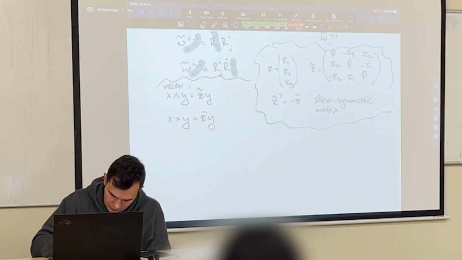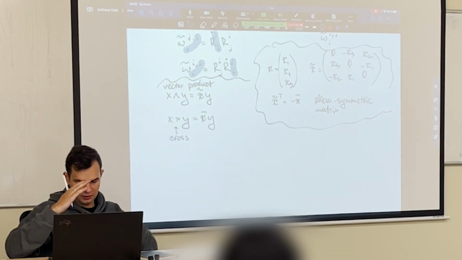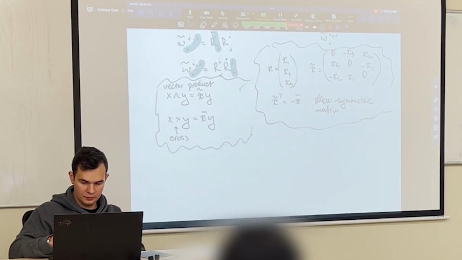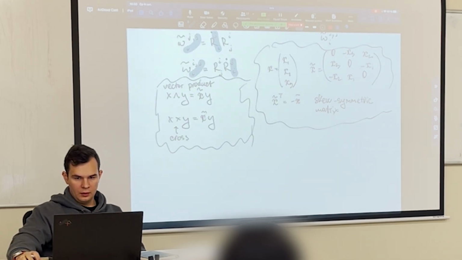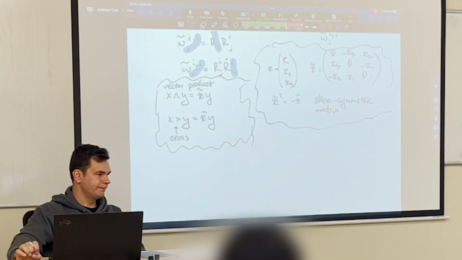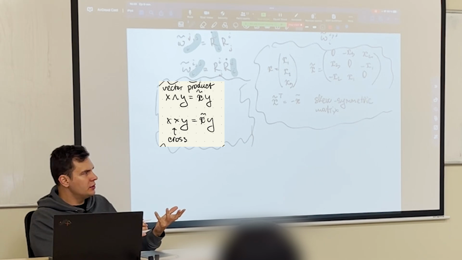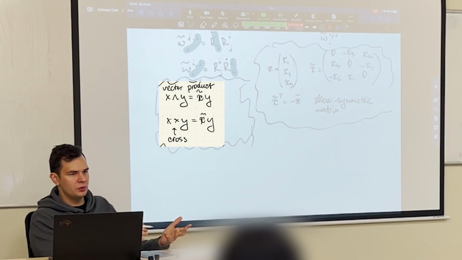Vector product. It's kind of like a cross. Sometimes it is denoted with this hat, sometimes with the x. Great. And you can really think about why we need to compute the vector product.